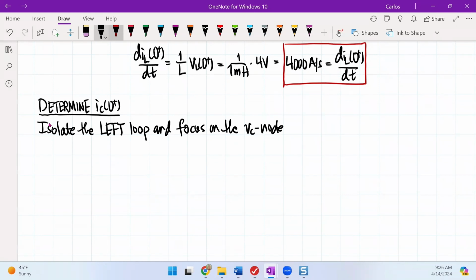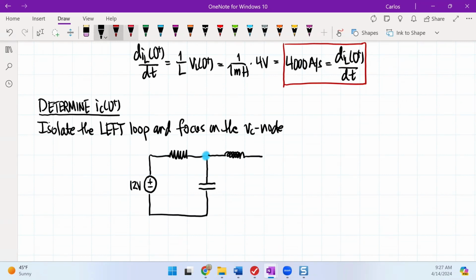So I have my voltage source here, and we already agreed that this was 12 volts. Then I have my 6K resistor. And then here's my VC node. And then I have my capacitor here. So if I'm going to focus on this node right here, I have to also worry about the inductor current here.